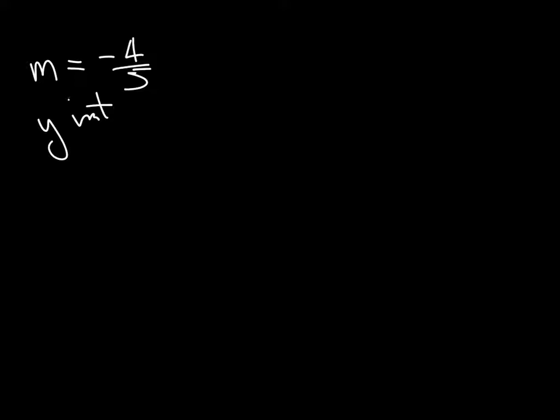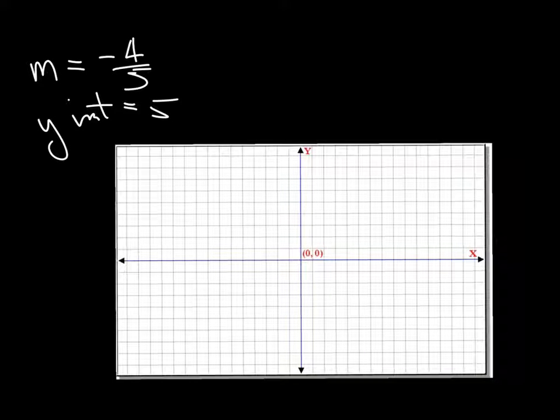So if I tell you the slope is negative 4/5 and the y-intercept is 5, and they say graph the line, well, let's get a graph on here. This is example number 1. It's asking us to do two things: write the equation and then graph the line.